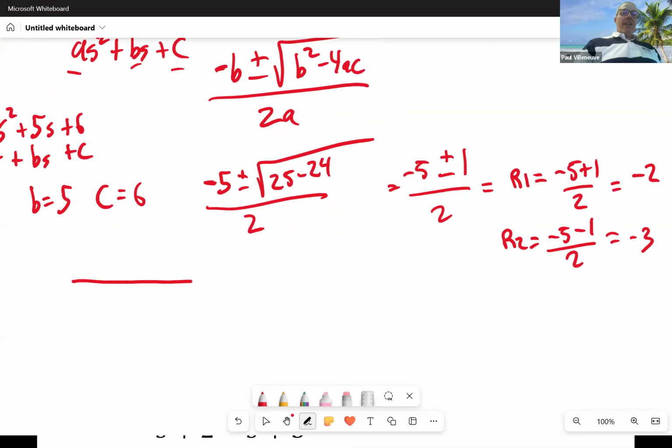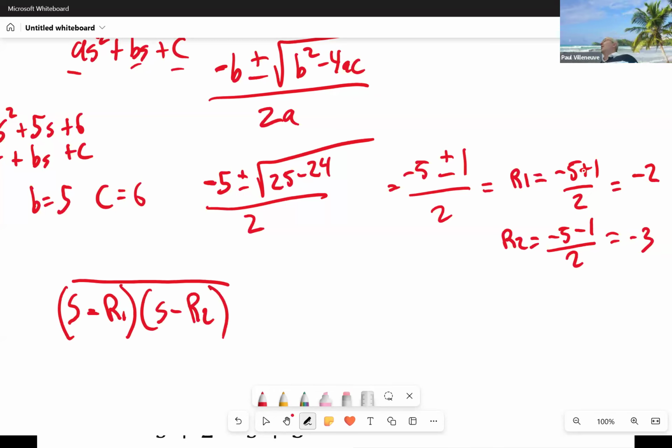So to write that as the denominator, it becomes S minus root 1 times S minus root 2. Why did I put the minus R1 and minus R2 in there? Because the definition of a root is that if I plug in that root, that term should evaluate to 0. So if I plug in R1 over here, doesn't R1 minus R1 equal 0?